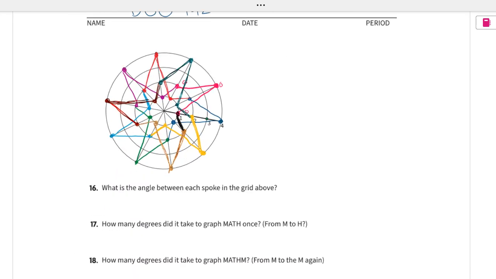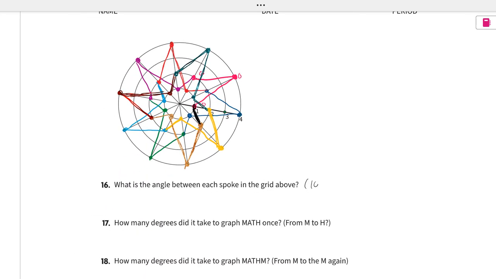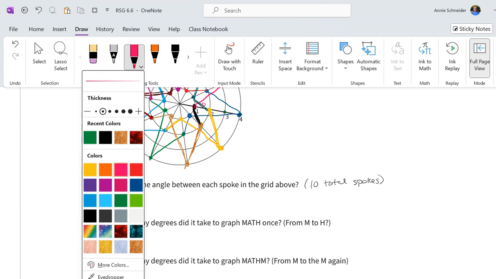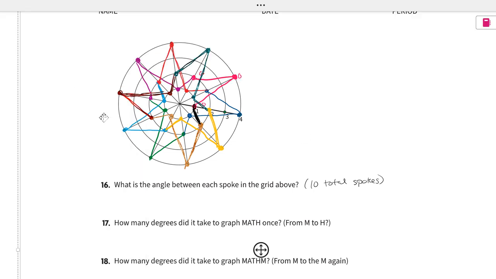So what is the angle between each spoke? Well, if there's 10 total, let's think how we need to break that up. Remember, a whole circle is 360. So we're breaking those 360 degrees up into 10 segments. So each one is 36 degrees between.